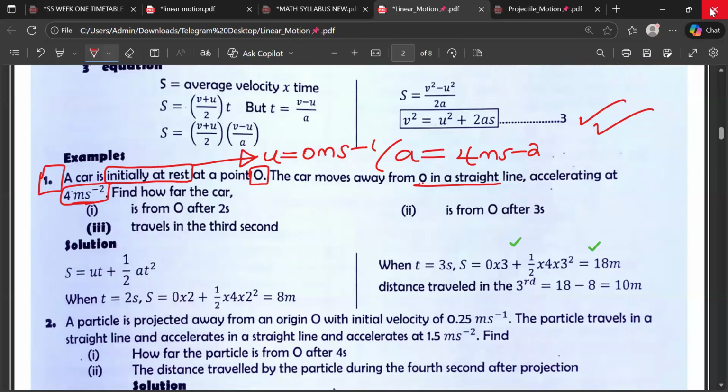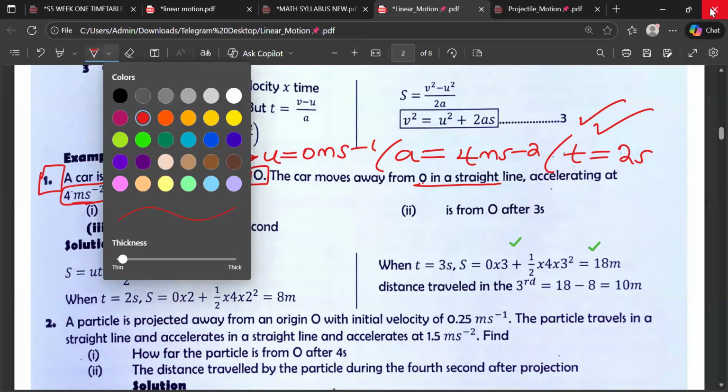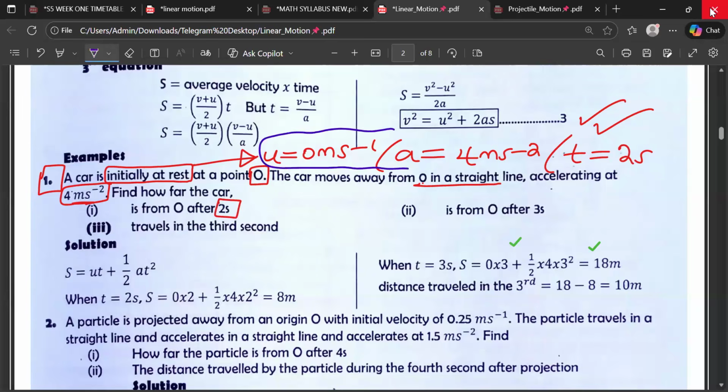On top of that, they are adding time, which is 2 seconds. So the summary we are having is this one in purple. We have U, which is 0, A, which is 4, and T, which is 2. Just ensure that if acceleration is in meters per second squared, even the time should be in seconds.